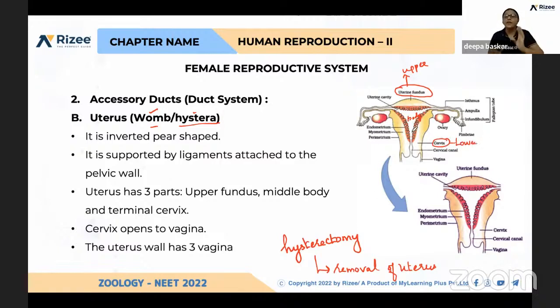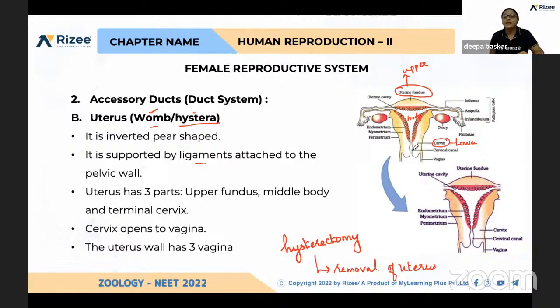So the uterus is made up of three parts: upper fundus, middle body, and lower cervix. It is also attached to the pelvic wall by ligaments. The connectivity of the uterus to the outer part of the female genitalia is by the vagina.